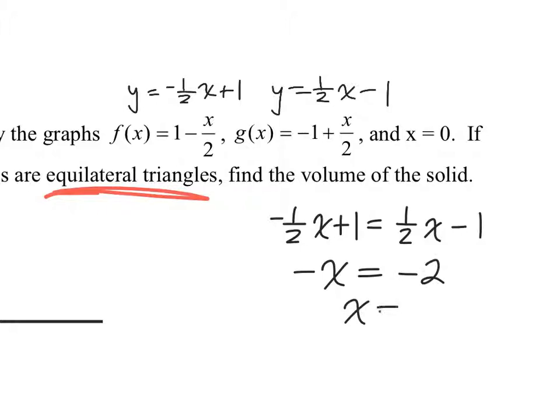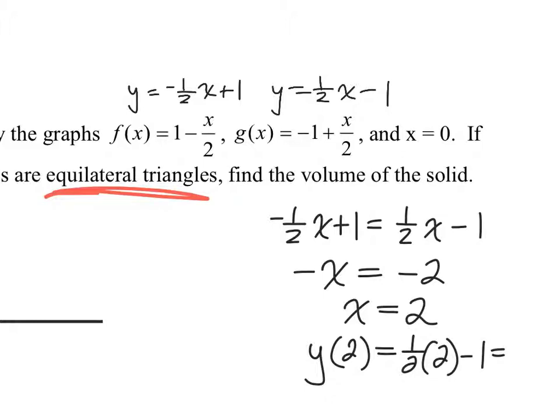And so I get x equals 2. Since it's an intersection, I just need one of the equations. So I'll take the second one, pop in the 2, and it turns out you get 0. So they're going to intersect at 2, 0.